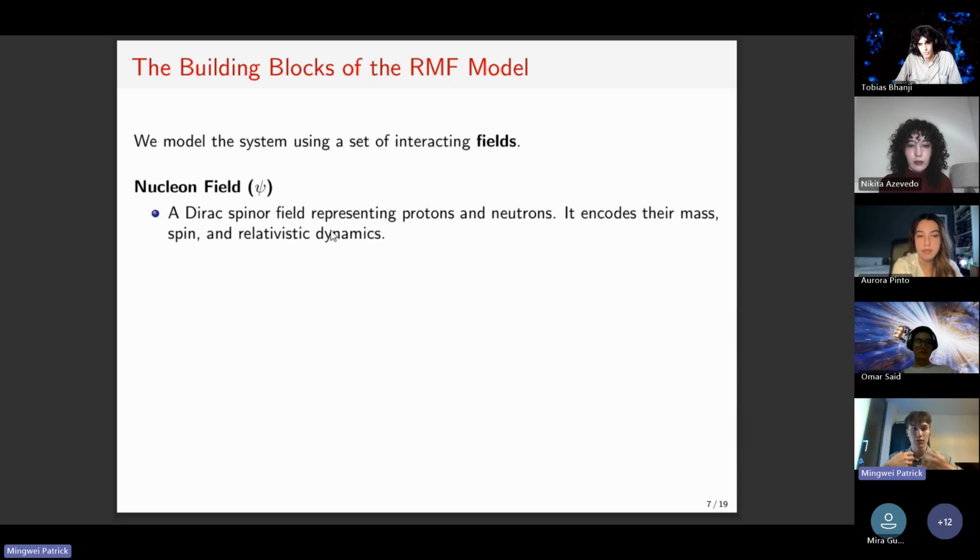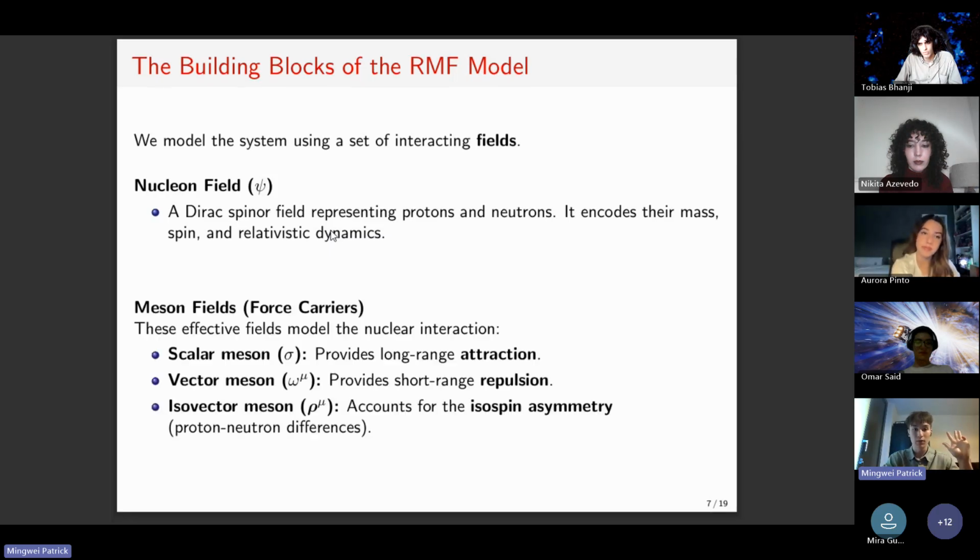It represents the intrinsic properties of those nucleons: their mass, their spin, and their relativistic dynamics. We also have the meson field, which, as I said before, encapsulates the strong force, attraction, repulsion, and the special forces created by the different compositions of neutrons and protons, because we have a dedicated meson for that. And these have different types. They're scalar, vector, and isovector, which is a special mathematical object.